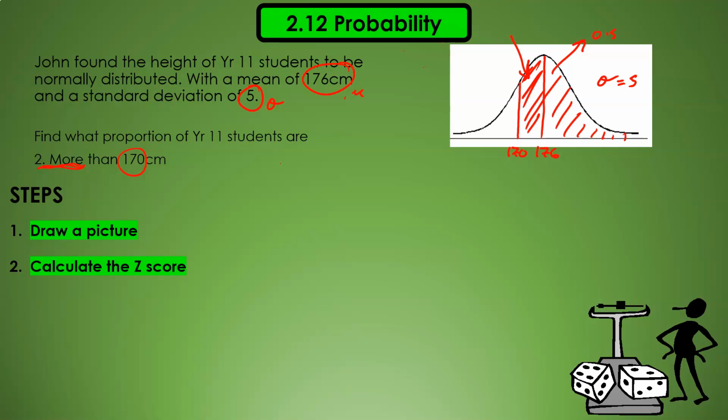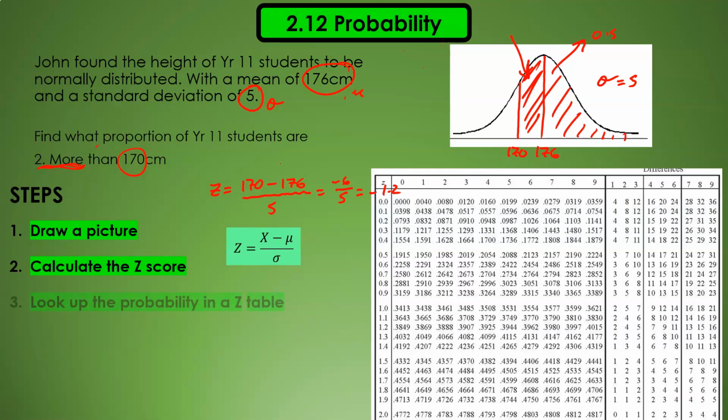So next step, calculate the z-score using the formula. So it's 170 take away 176 over 5, which is minus 6 over 5, which is minus 1.2, which might be familiar to you from the previous question.